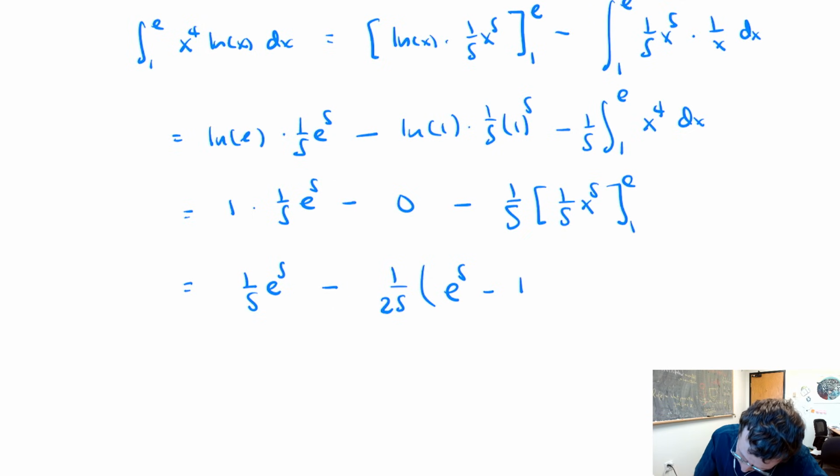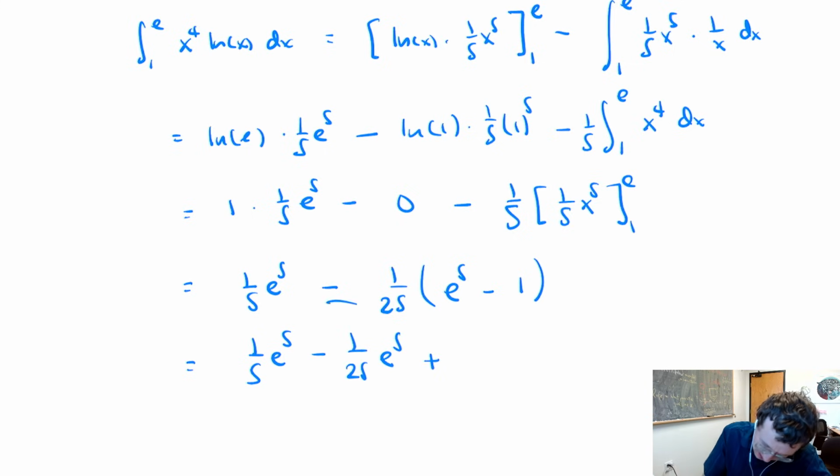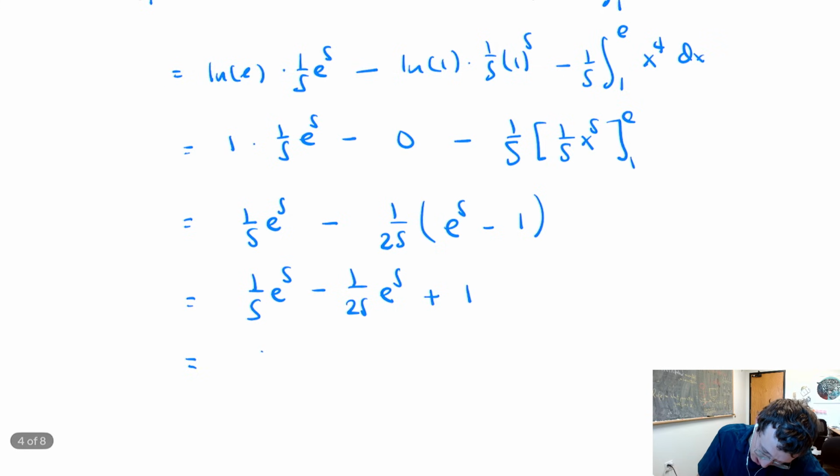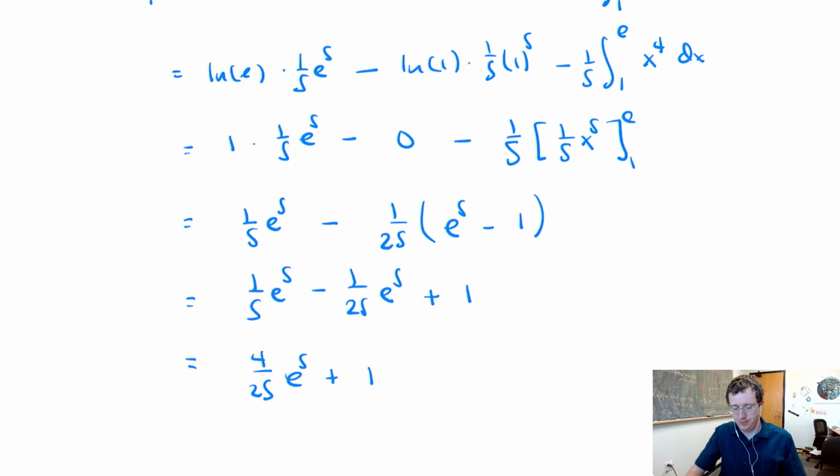I plug in 1. And I get this. Minus minus is plus. And if I really want to simplify this, this is 5/25 minus 1/25, which is 4/25 e to the fifth plus 1.